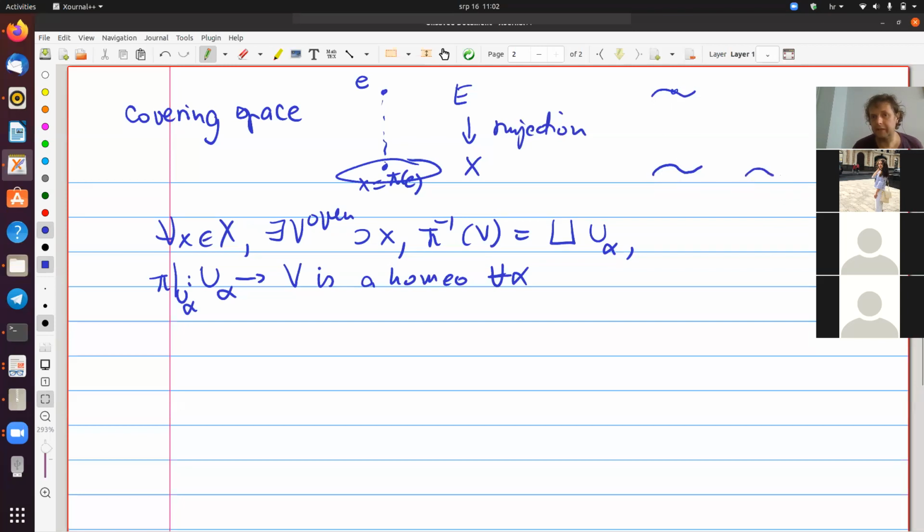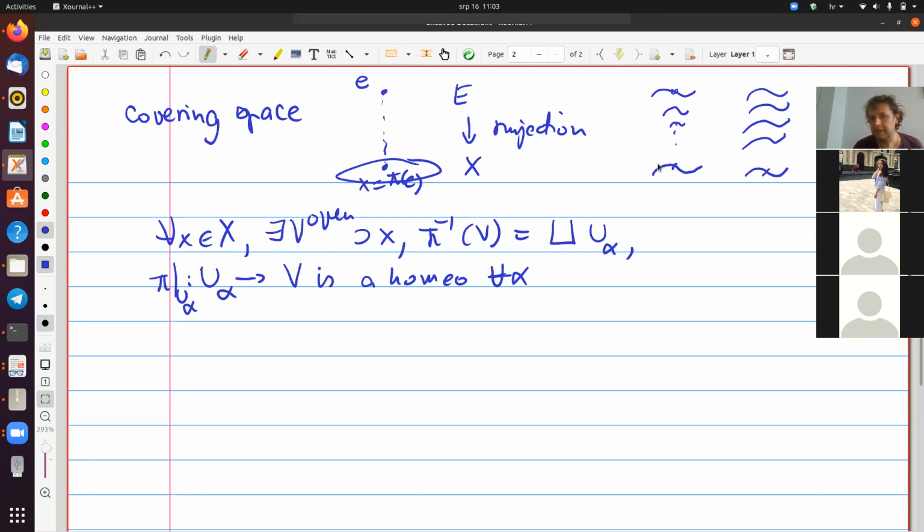In here, you have an open set downstairs, and you take its pre-image, and the pre-image consists of things which are homeomorphic. Of course, in every one of these points, you still have the same thing. You also have this little twirl, like here, but all these don't need to be equally big.